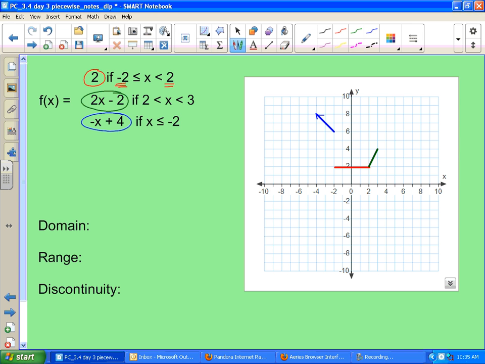So let's see, on the red line, I've got a closed circle on the left, which is -2, and an open circle on the right. But, oh no, yeah, that open circle on the right is also the same thing as the open circle on the green one. You'll notice on the green graph, it's also open.